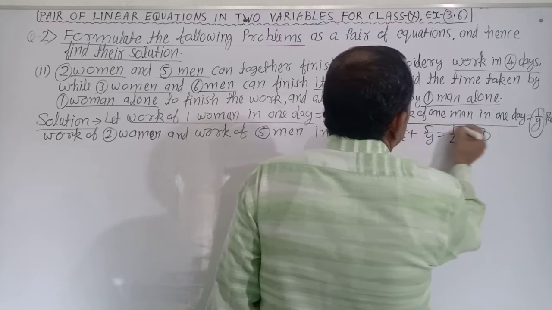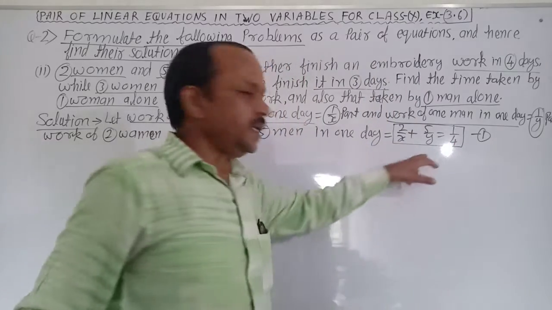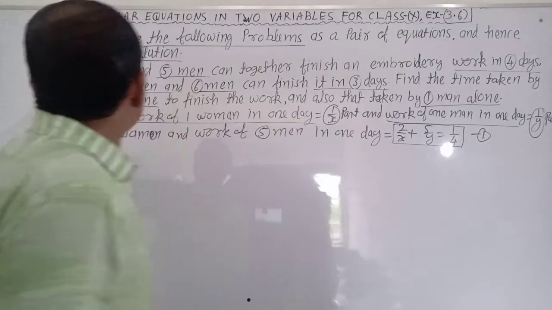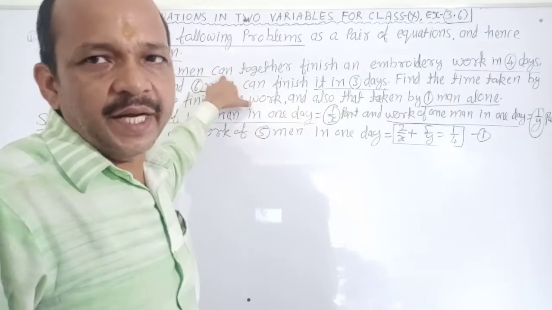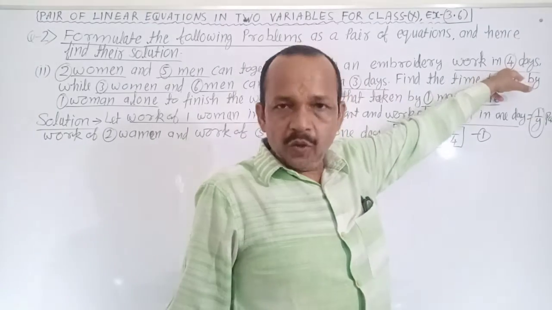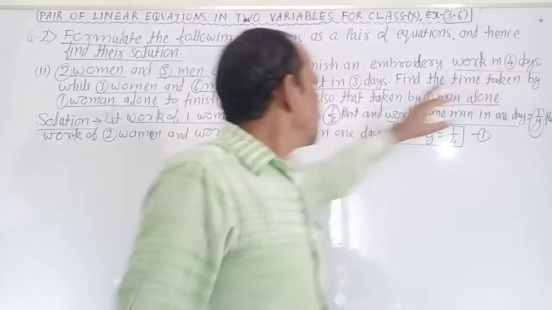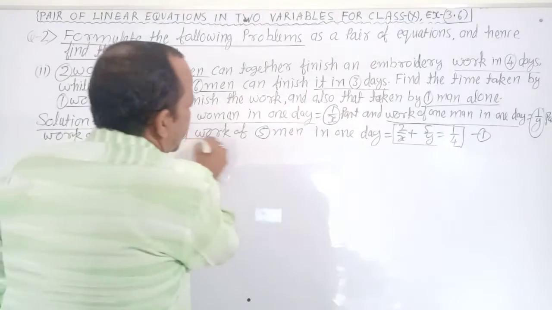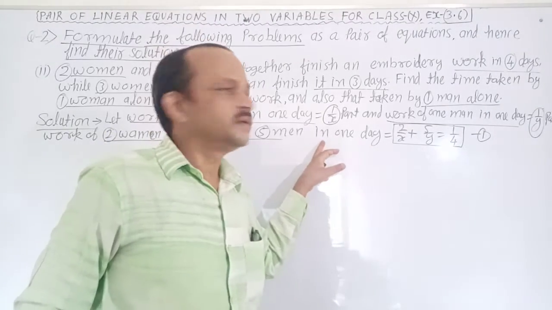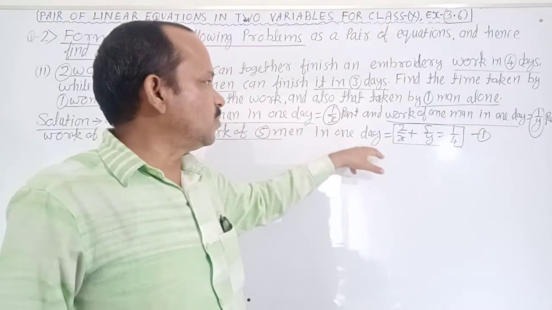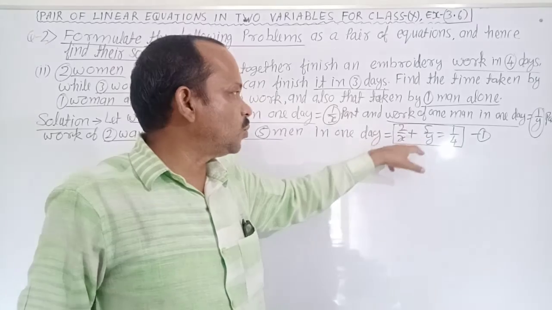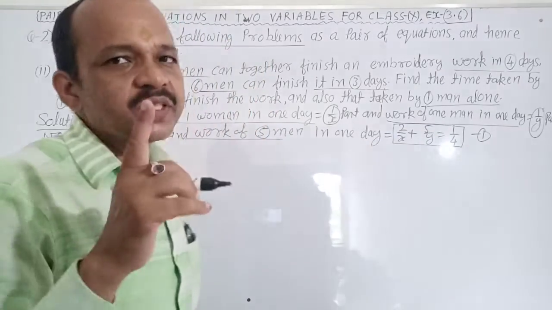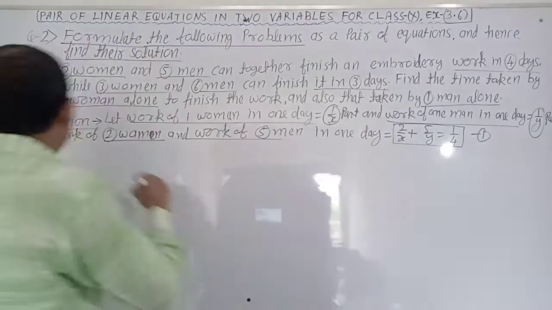Equation. It is equation first. 2 women and 5 men can finish together in 4 days, so 2 women and 5 men can finish in 1 day equal to 2 by x plus 5 by y equal to 1 by 4. It is equation first.